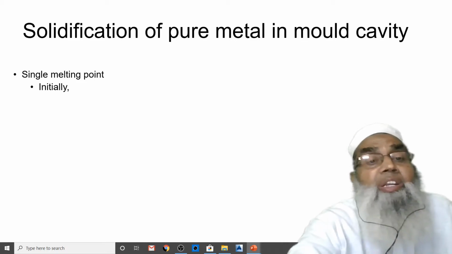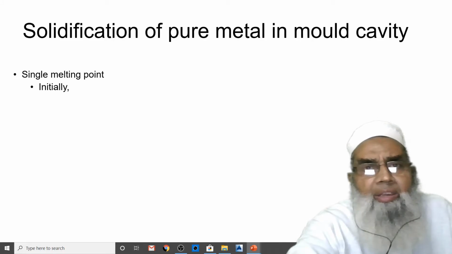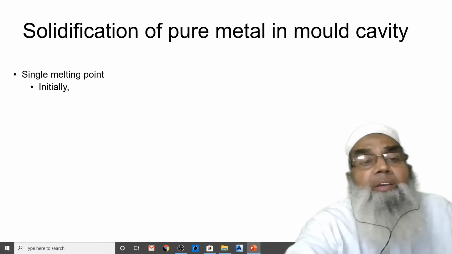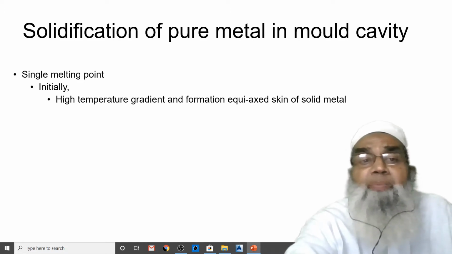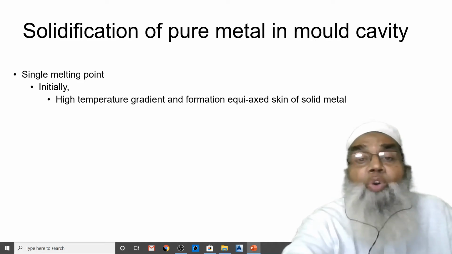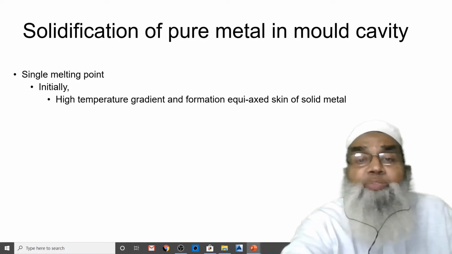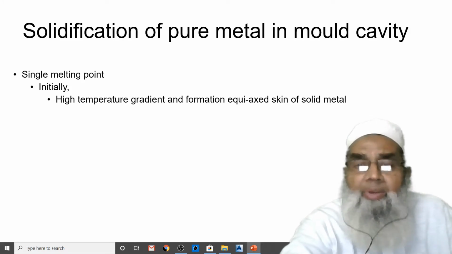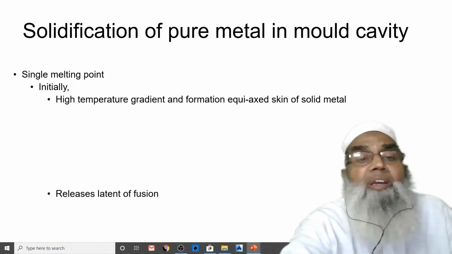Initially, when the molten metal is poured in the cavity, a lot of heat transfer takes place, that is, a high temperature gradient is there, which causes fast nucleation, causing equiaxed grains which form the skin of the solid metal.